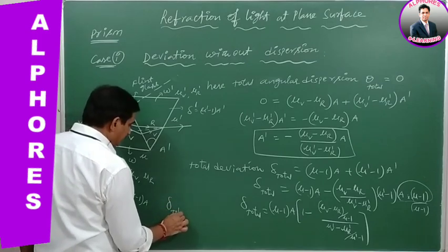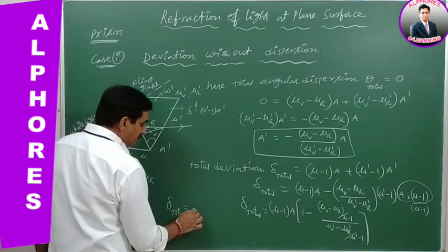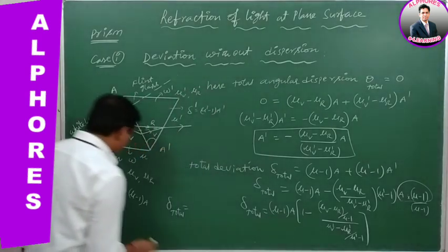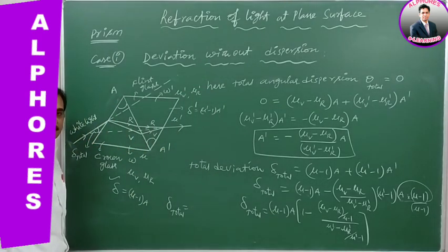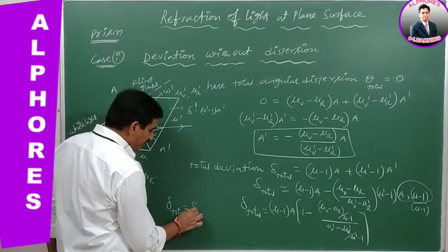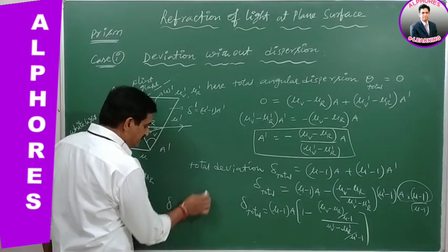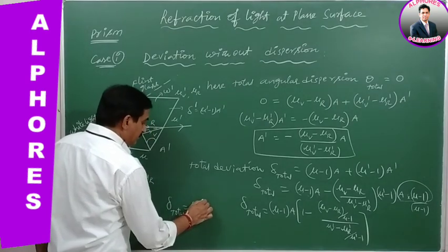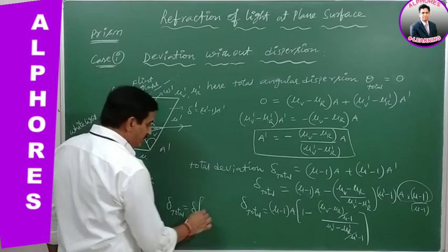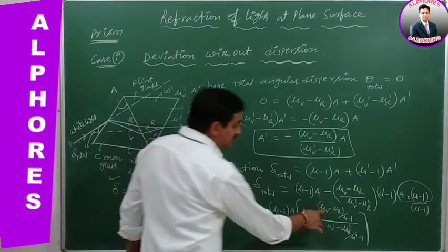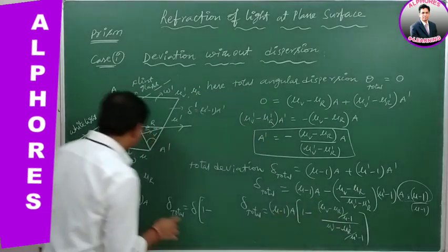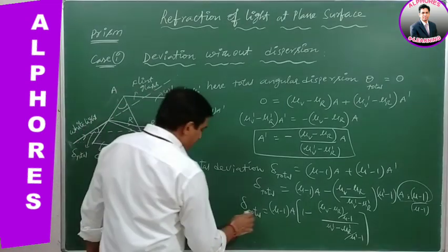Again by simplifying, total deviation equals (μ minus 1) into A, this is the deviation given by the first prism. Therefore delta, this is delta of 1 minus, this is the dispersive power of the first prism, that is omega.